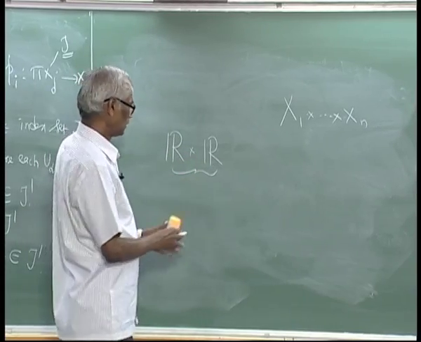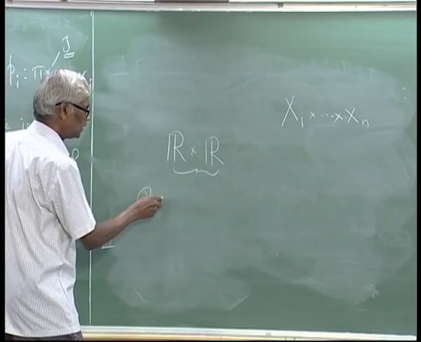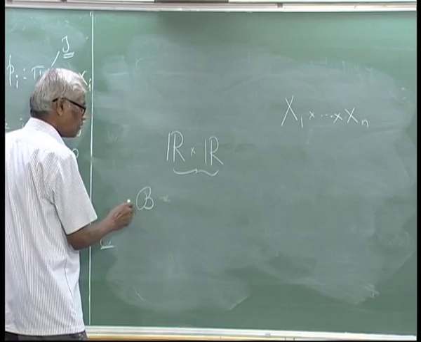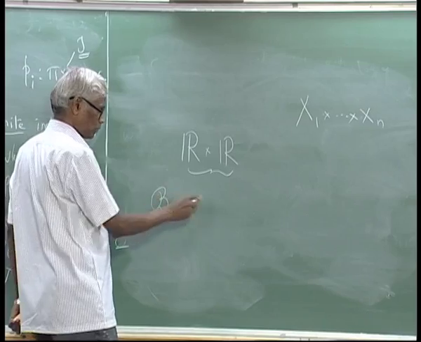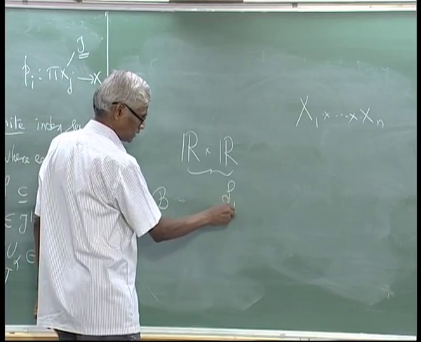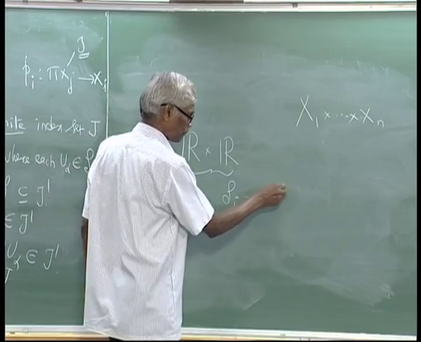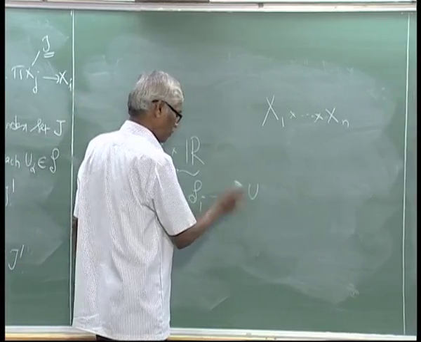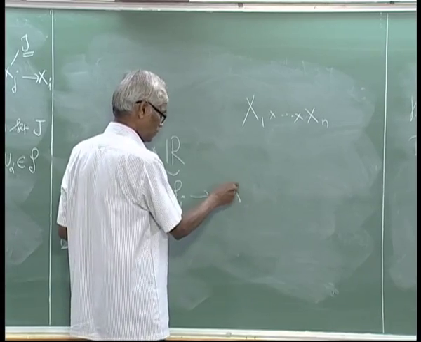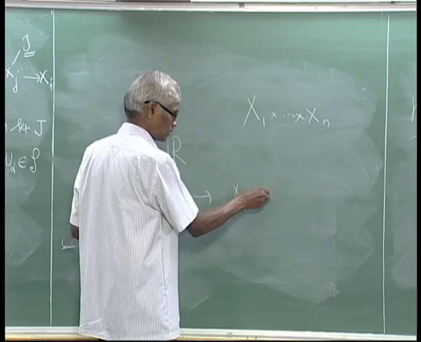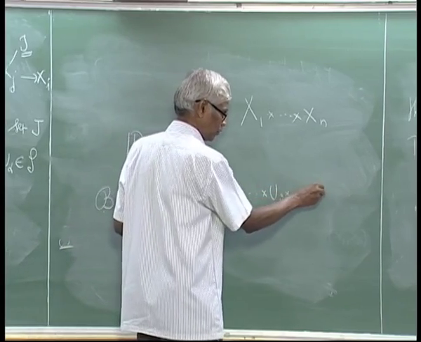In fact, we can see directly what discrete beta is. It is finite intersections of members of that collection S_i, but the members are of the type: at the ith place we have U_i, and all other places the whole space.